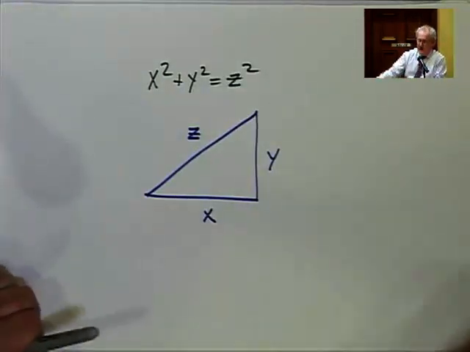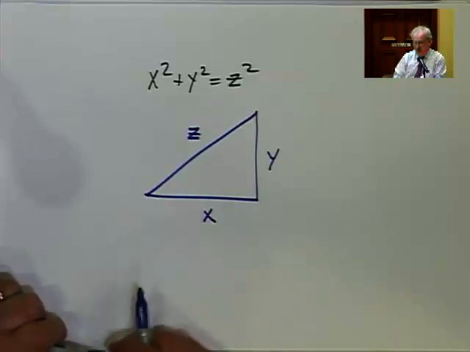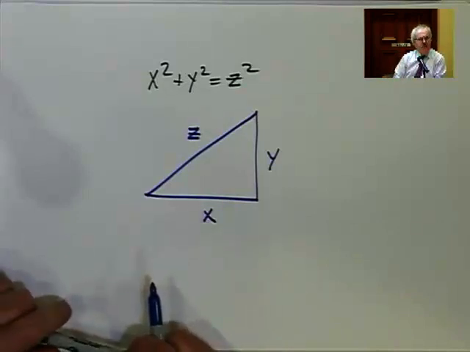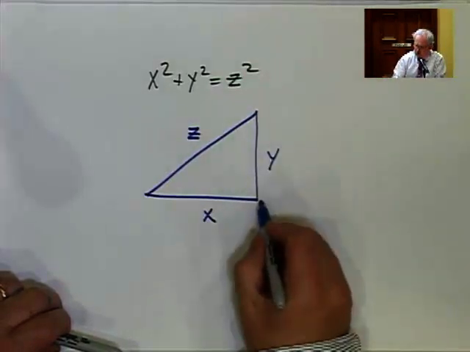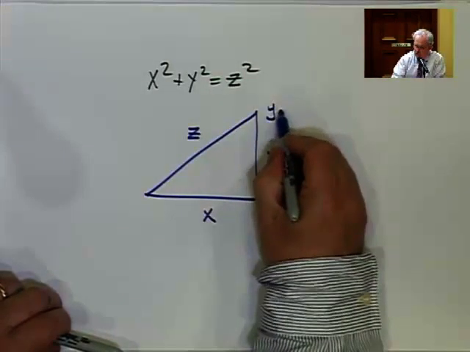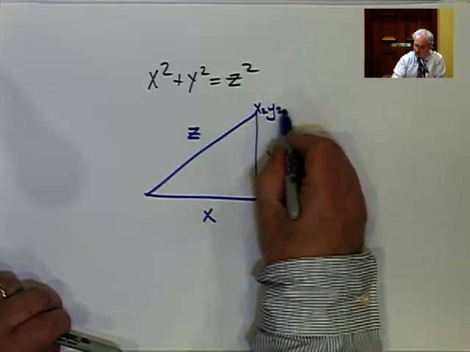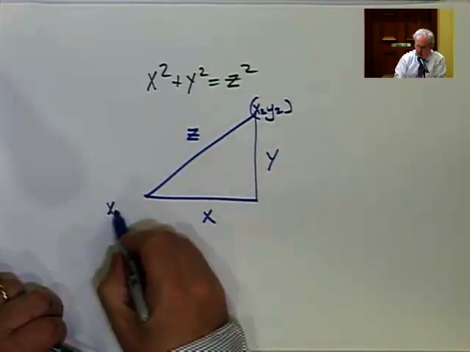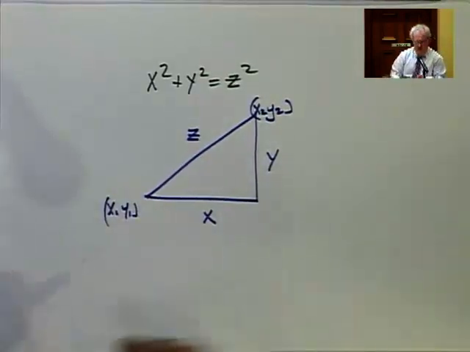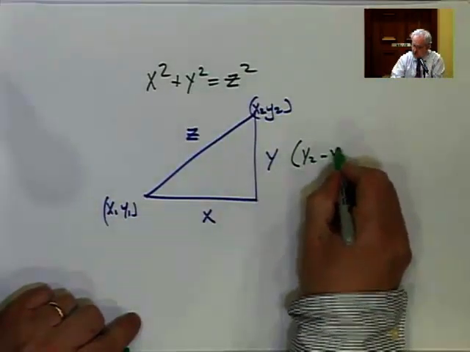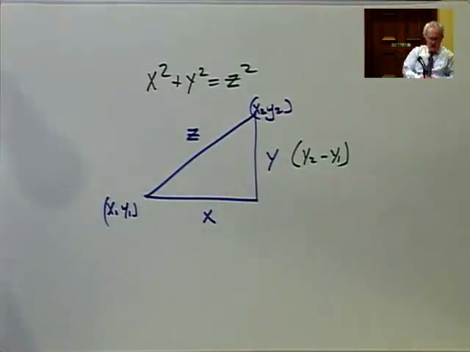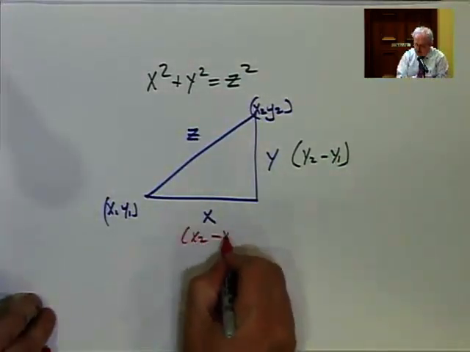Now, if I decided to do something with Pythagoras and say, where else does it come up? Well, if this is x2, y2, and this is x1, y1, this distance is really y2 minus y1, and this distance here is really x2 minus x1.